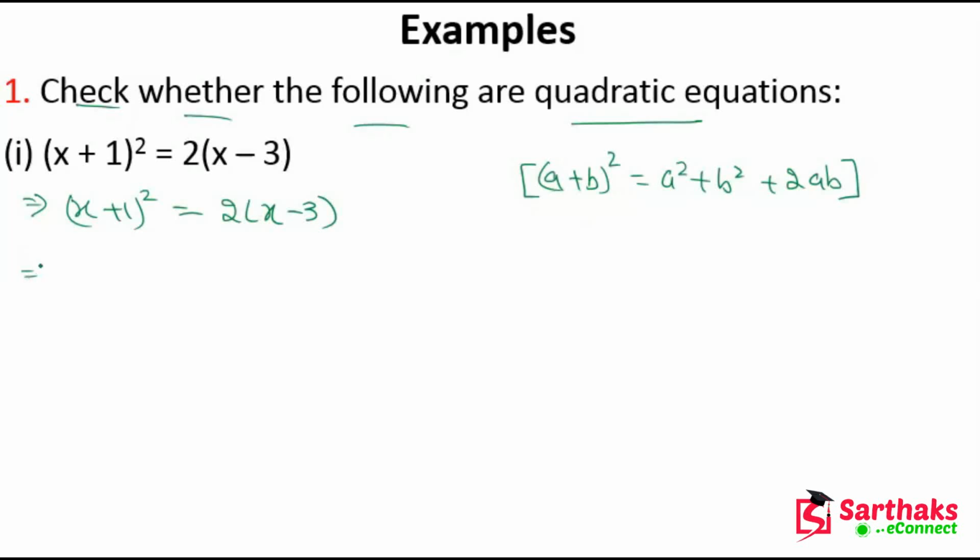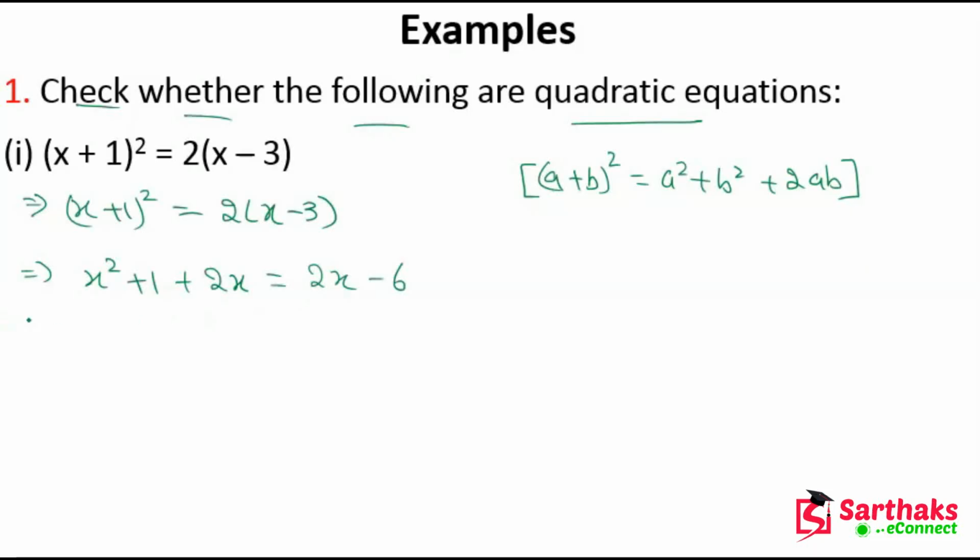Now this will become x square plus 1 plus twice of x. And now if we multiply 2 into the bracket, we get 2x minus 2 into 3, 6.